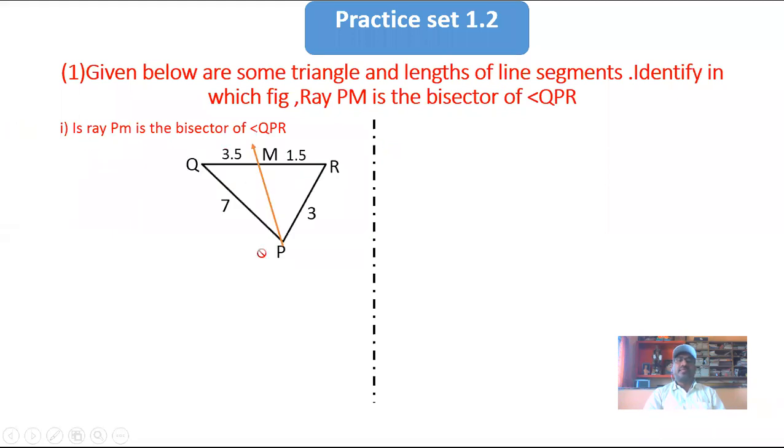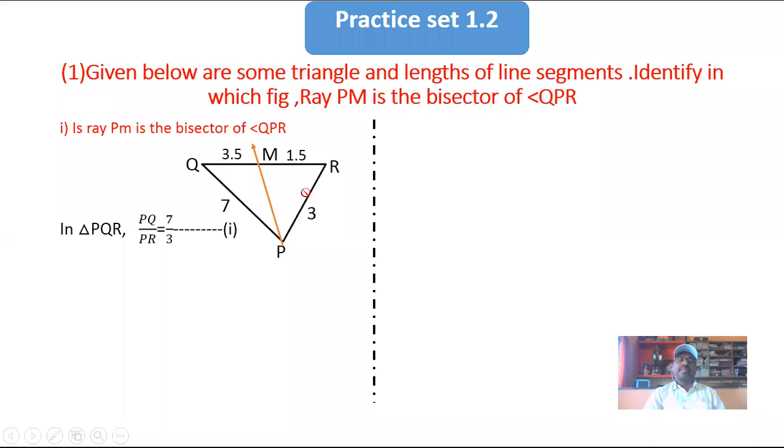In triangle PQR, ray PM is the bisector of angle QPR. To identify, here in triangle PQR, ray PM is the angle bisector of angle QPR.